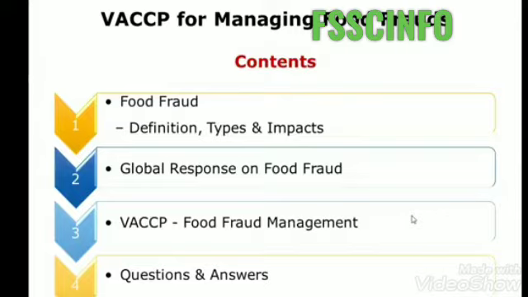And most importantly, last but not least, we will also discuss the mitigation plan to mitigate these food fraud risks and to safeguard our businesses, the health of consumers, and again, the economic well-being of the consumers. And in the last session, we will definitely take the question and answer from the participants of this webinar.